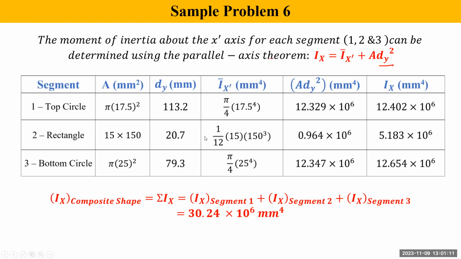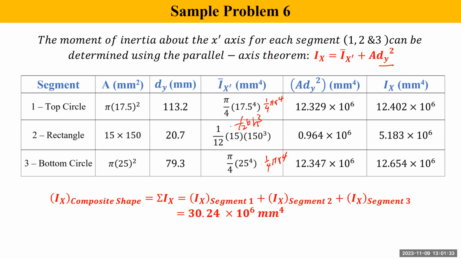For the rectangle, you use your standard formula. Everybody remember, the standard formula is 1 upon 12 b times h cubed, while this one was 1 upon 4 pi times r to the fourth. And this one here is the same thing, 1 upon 4 pi times r to the fourth.